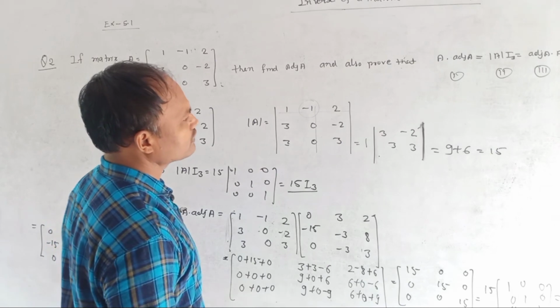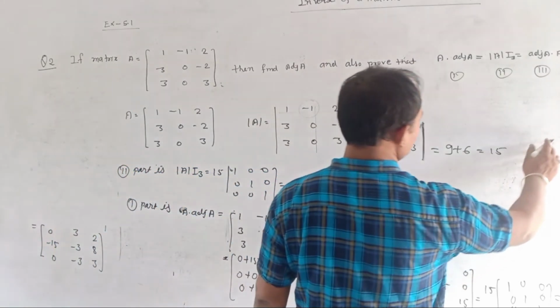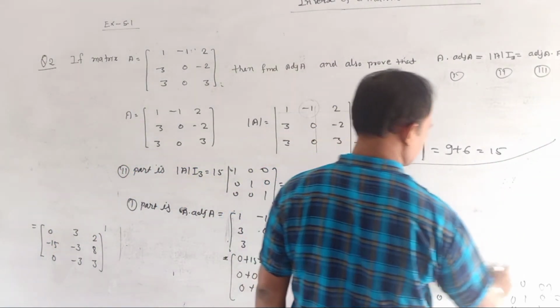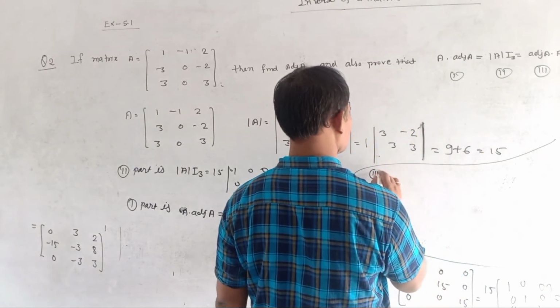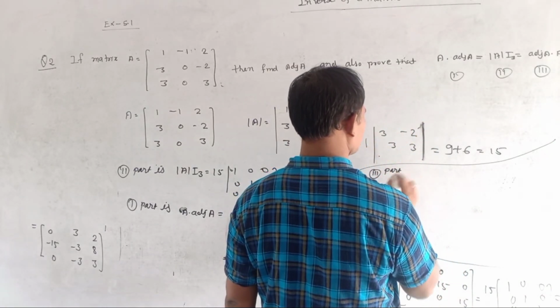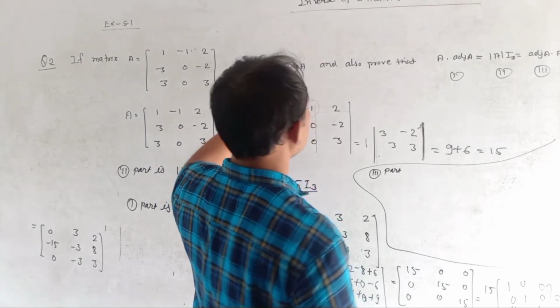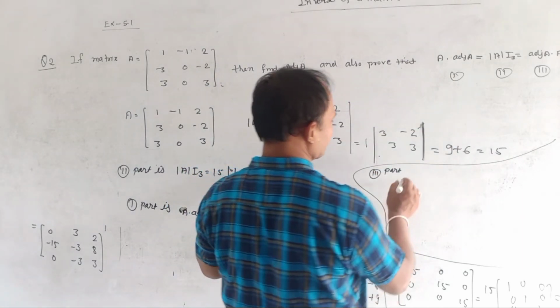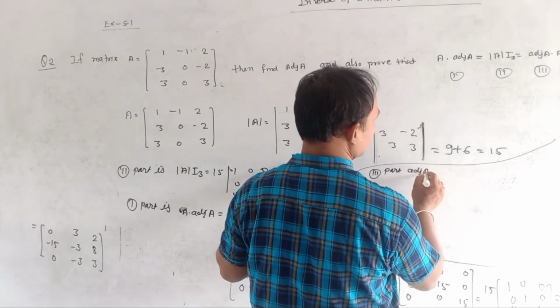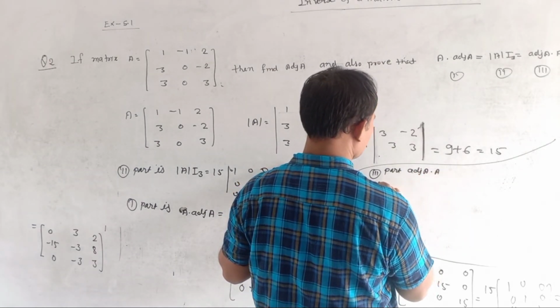Now we are going to solve the third part. The third part is adjoint of A into A. So what is the adjoint of A?